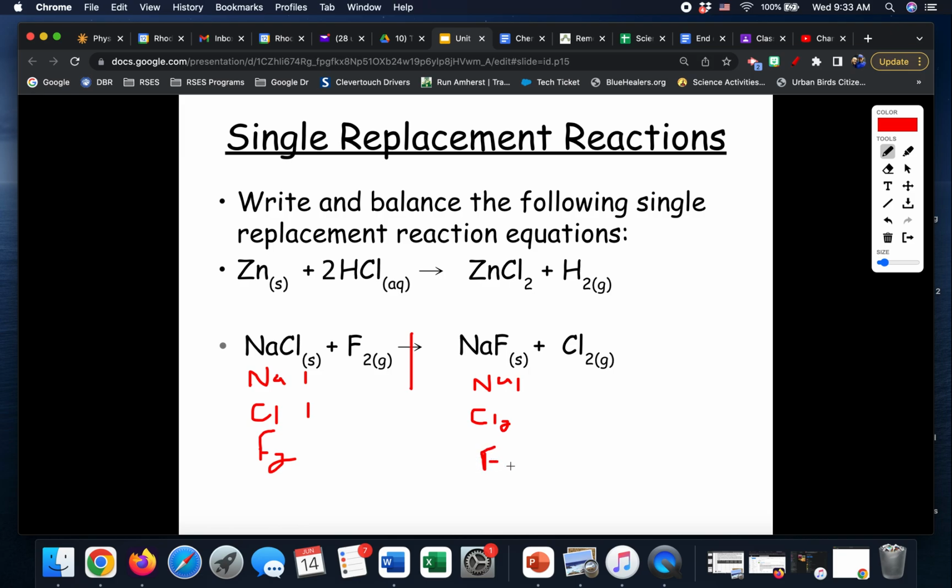Oh boy. Cl's are not balanced. So I need this to be 2. That's going to change my Na's and Cl's to 2. Now my Na over here is 1, and I need it to be 2. So that changes Na and F to 2. And that means everything's balanced at 2. So that's our real equation.